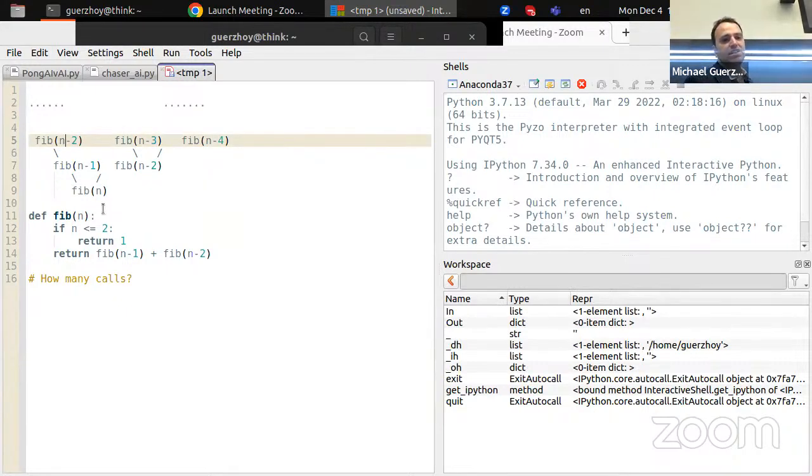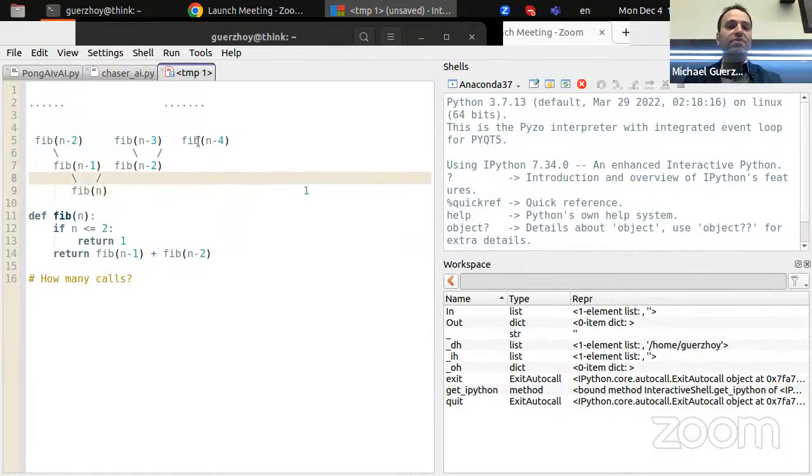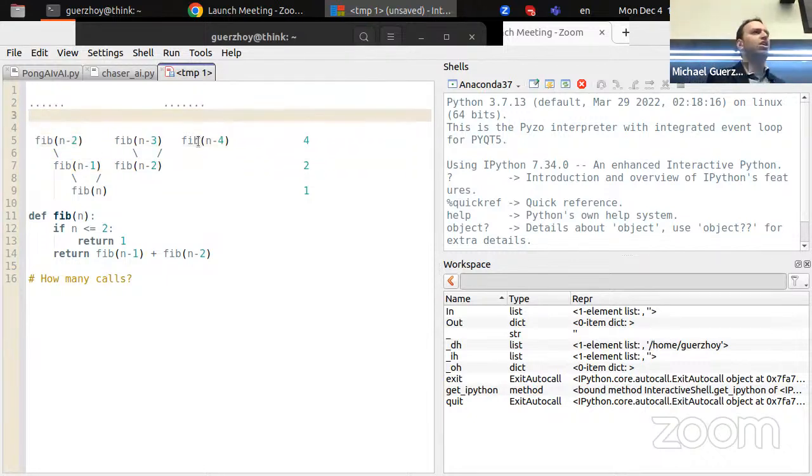On the other hand, here you're going n to n minus 2 to n minus 4 and so on. So the levels are not exactly going to line up. However, you could say, well, at most, how much is there going to be on any level? And the answer would be, well, exactly 1 here, and then 2 here, and then 4 here, and so on.